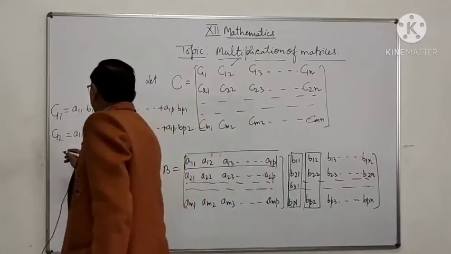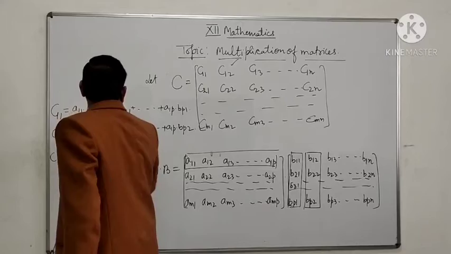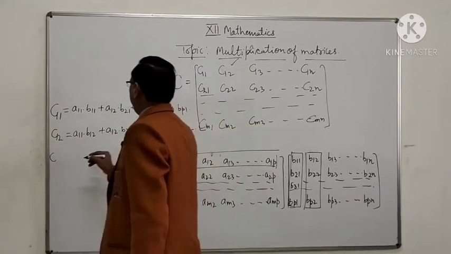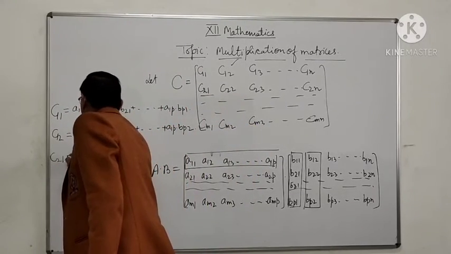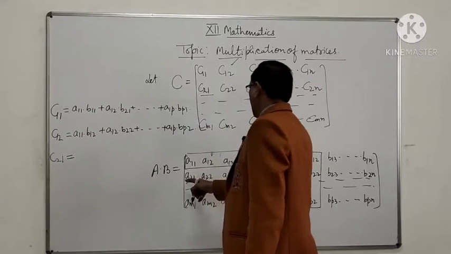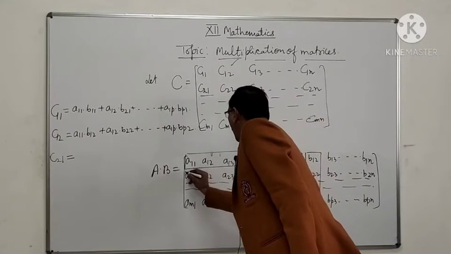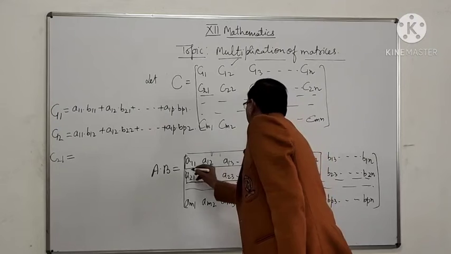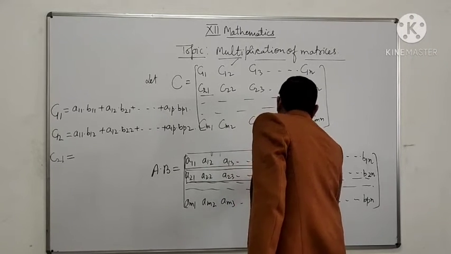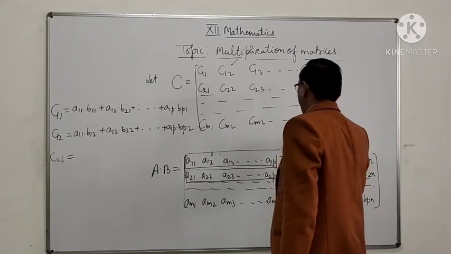Student, to find the element C21, we will multiply the second row of the A matrix with the first column of the B matrix.